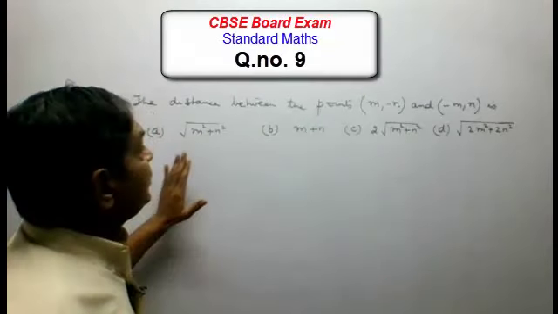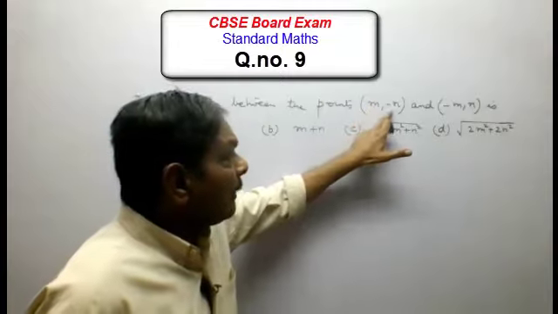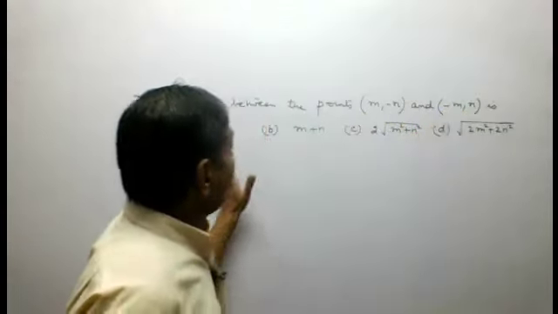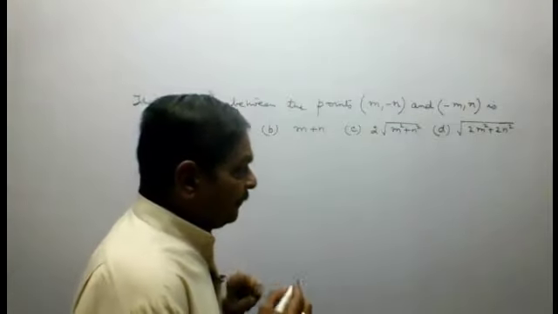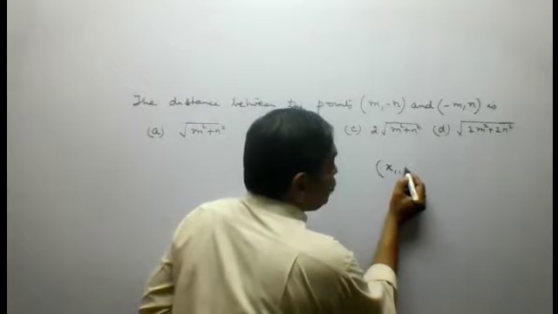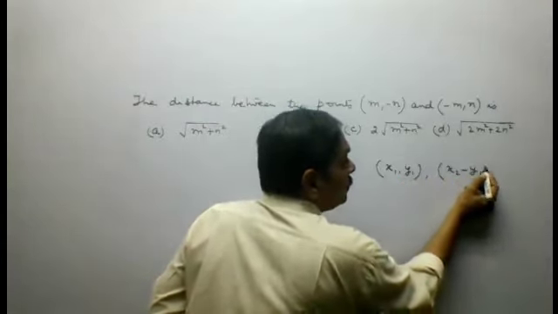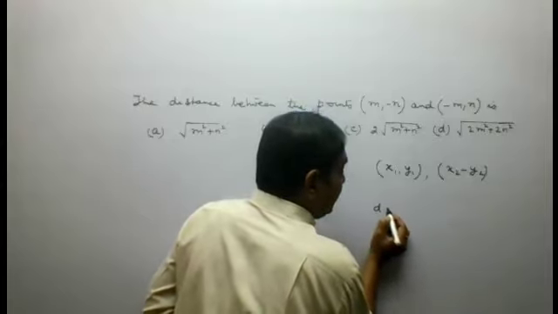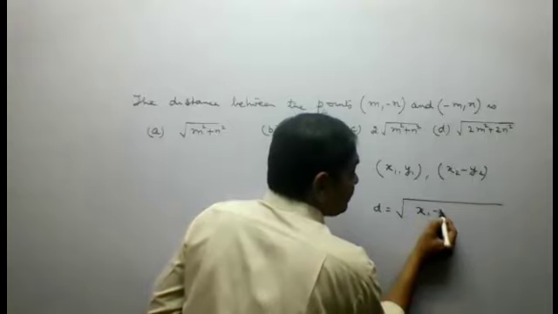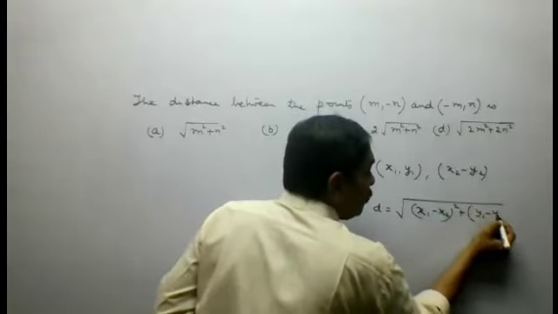Question is, the distance between the points m, minus n and minus m, n is. 4 options are given to us. We know that if the coordinates of 2 points are x1, y1 and x2, y2, then the distance d between them is given by under root x1 minus x2 whole square plus y1 minus y2 whole square.